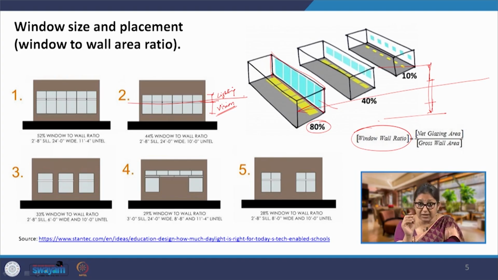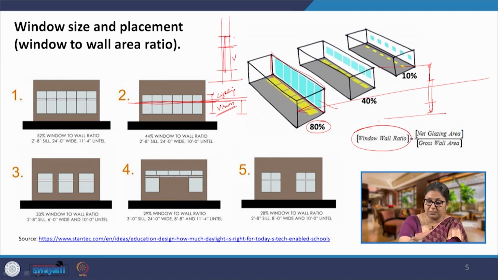Now, why am I telling you this? Because we have to see that this vision glazing, this part of the glazing below 7 feet, is responsible for bringing in a lot of glare. And we do not want that. So, we want light. Consider this section. If we have a window, this is 7 feet, this is the window above it.